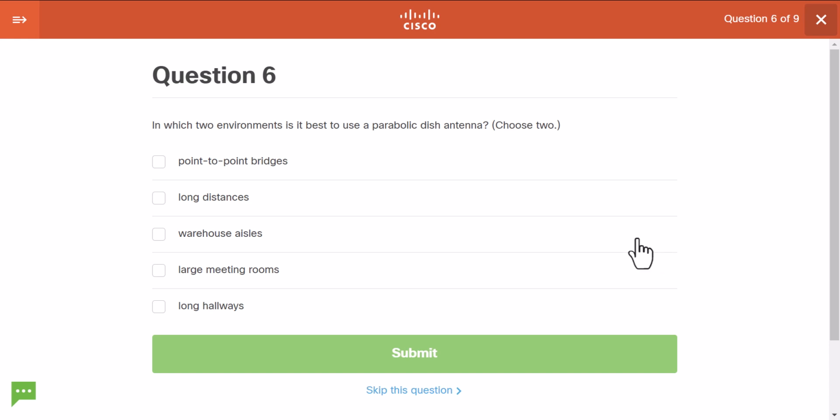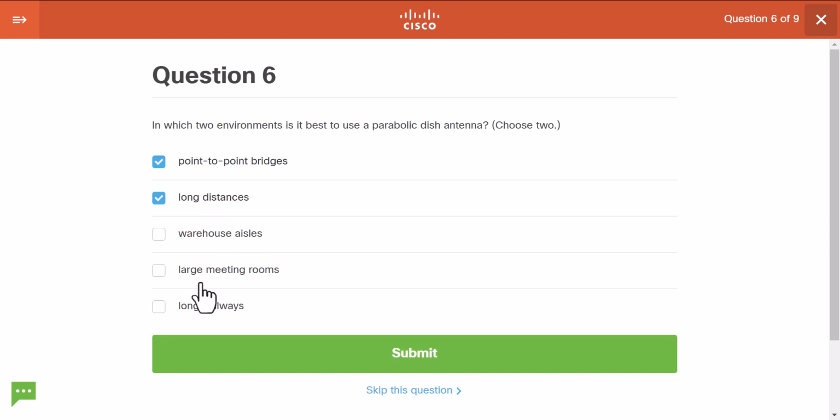So it will be great for a point-to-point bridge when we have both transmitter and receiver fixed in their position and not moving around, and they can be configured and directed properly towards each other, and this would be the best use of a parabolic antenna. And that typically happens over long distances, so I think this is a correct option as well, but let's check others.